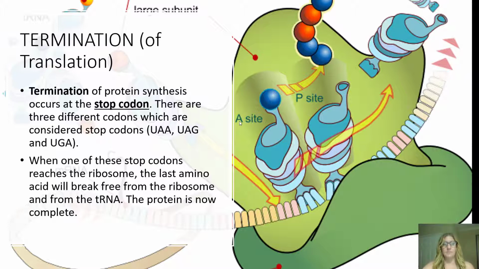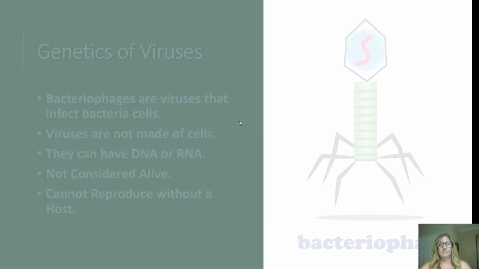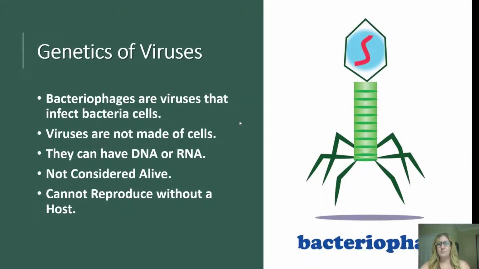So when one of these stop codons reaches the ribosome, the last amino acid will break free from the ribosome, and it will also break free from the tRNA or transfer RNA, and it will now be a free polypeptide or a free protein that can now go and do whatever it needs to do.